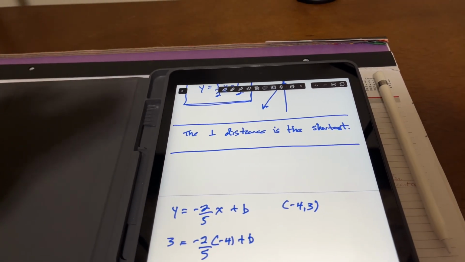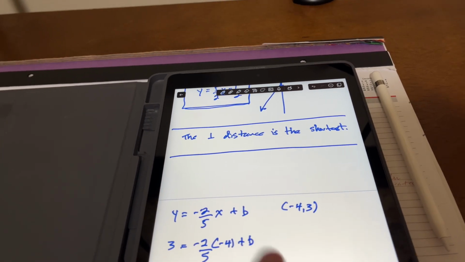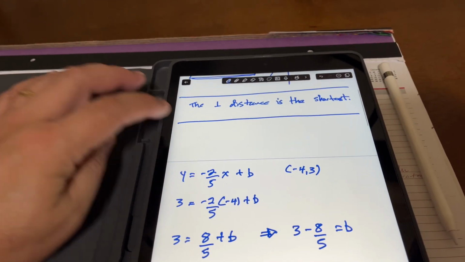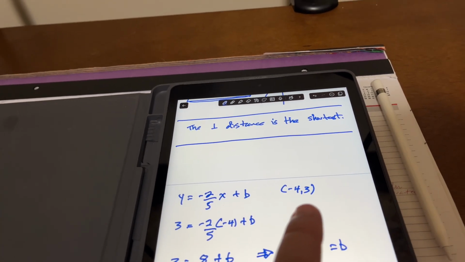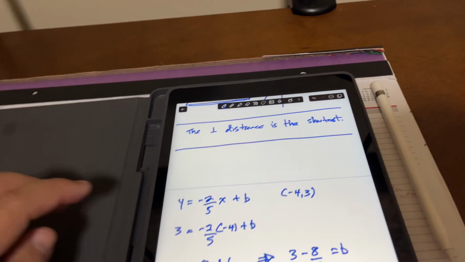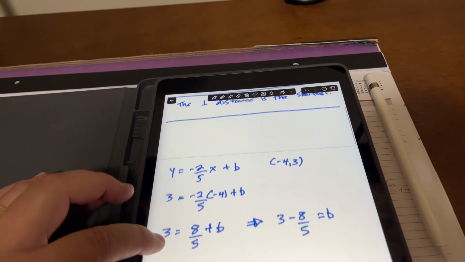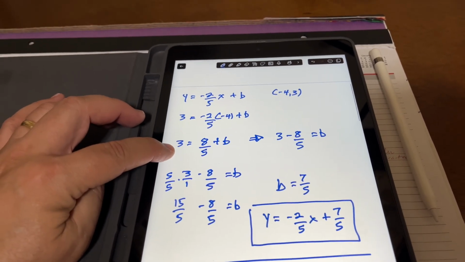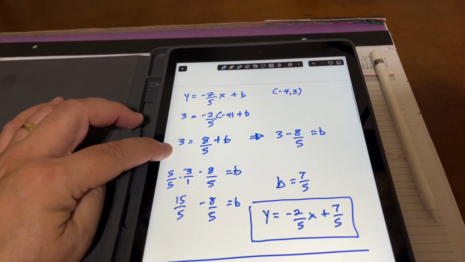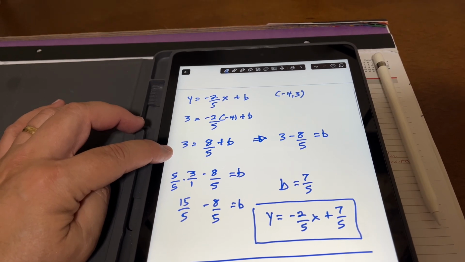Negative reciprocal means that you flip the fraction and you change the sign. But it is going to have a different y-intercept, so I didn't put that in there. So y equals -2/5 x plus b. And then I'm using the point that they gave me to put in for x and y. And I'm going to do the calculation and find out that the b part of this is 7/5. So this is the equation that is perpendicular to the line and goes through the point that they gave.